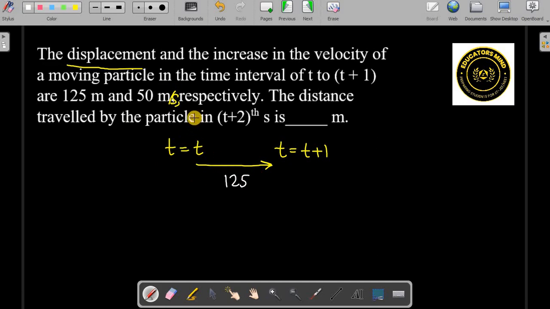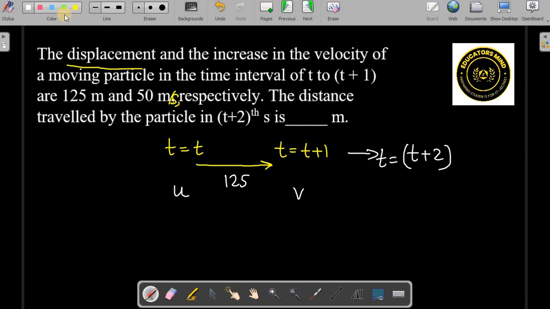Increase in velocity, that means suppose this is u, this will be v. The distance traveled by the particle in the t plus 2th second. The t plus 2th second means from t plus 1 to t plus 2.